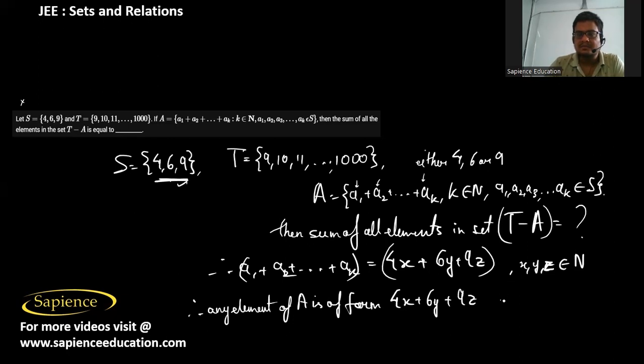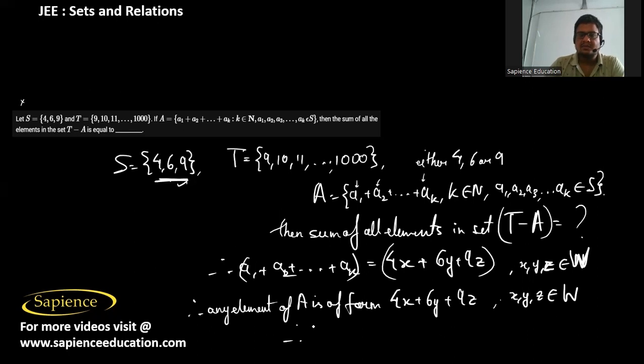And here x, y and z should be whole numbers, since they are the number of times 4, 6 and 9 are respectively added in every element of A, and x, y or z can be 0 also. So x, y and z belong to the set of whole numbers.